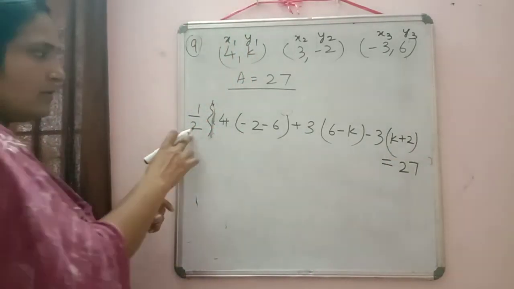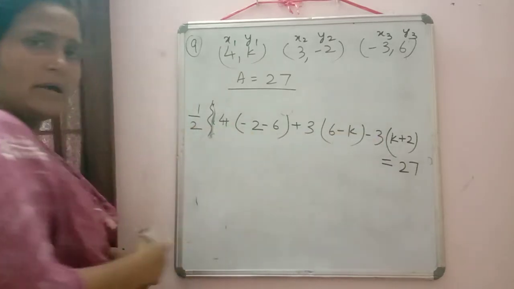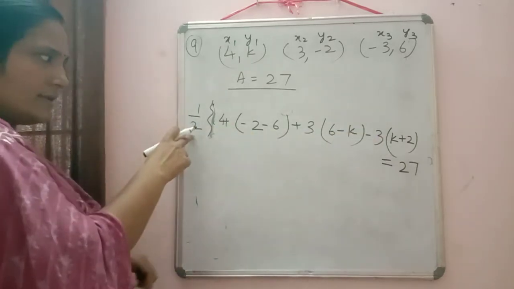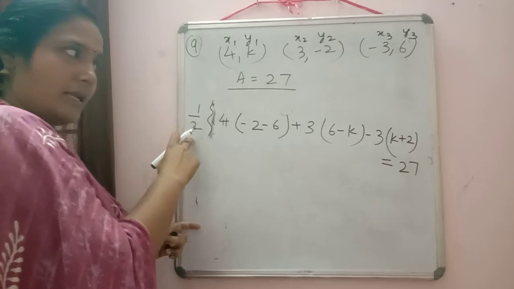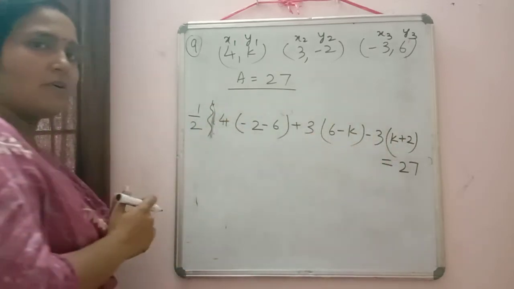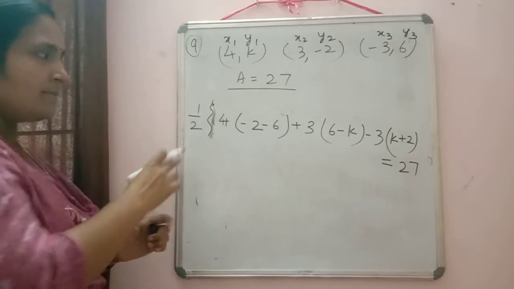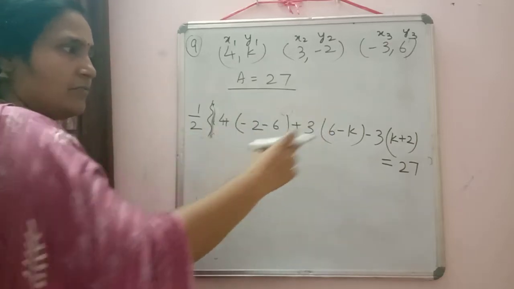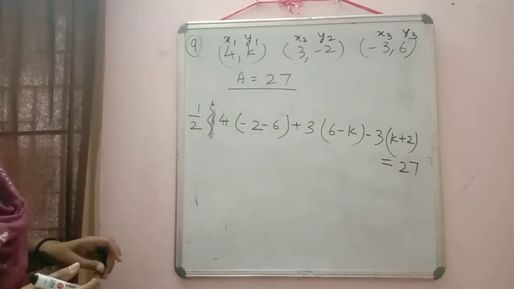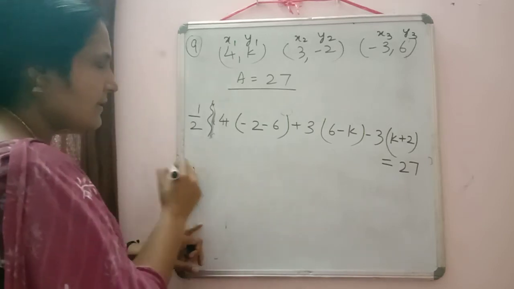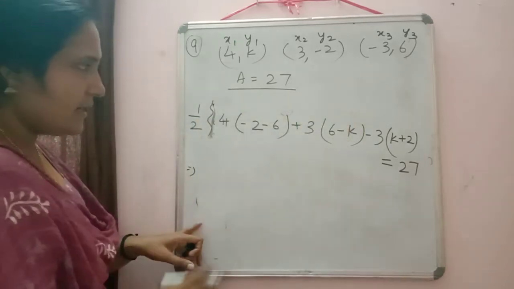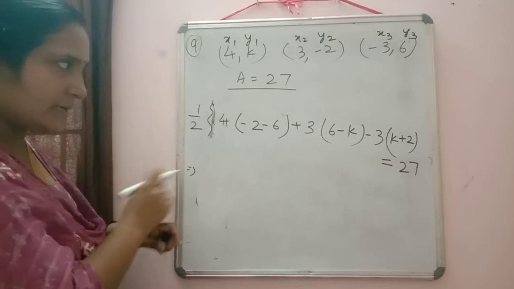Now what can we do? We can shift the 2 to the right hand side. Here it is 2 in the denominator; when we change the position, it will go to the numerator. By the transposition rule, 2 is divided, and when you change the position, it gets multiplied. Now we simplify the rest.